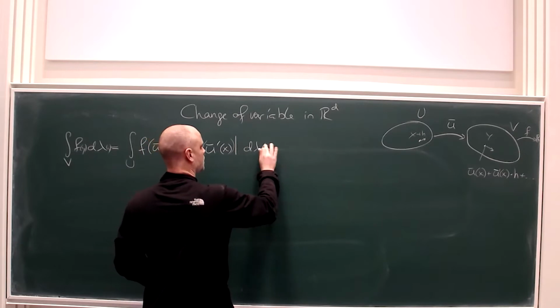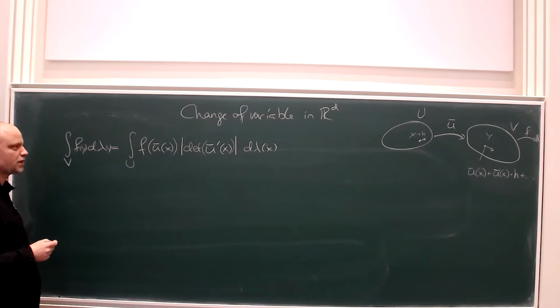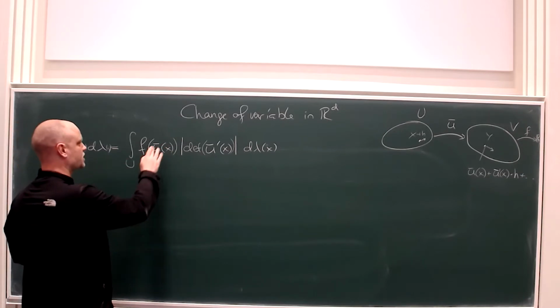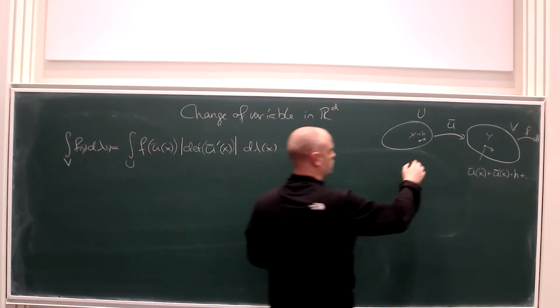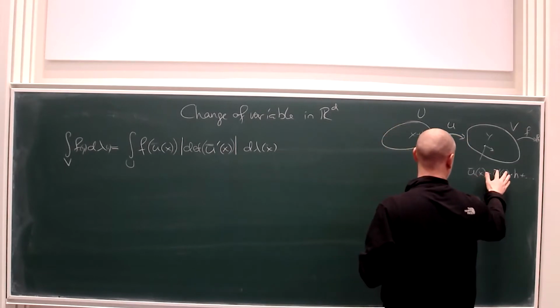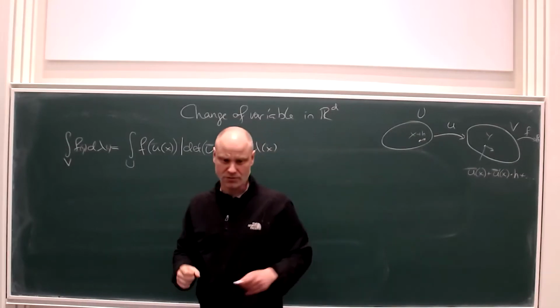Then this is the change of variable formula. Maybe I should have a bar on the x's as well, but let's skip all the bars. This is not kindergarten any longer, so we don't put bars to show that we're dealing with vectors.